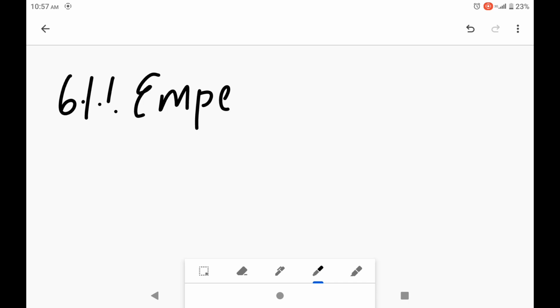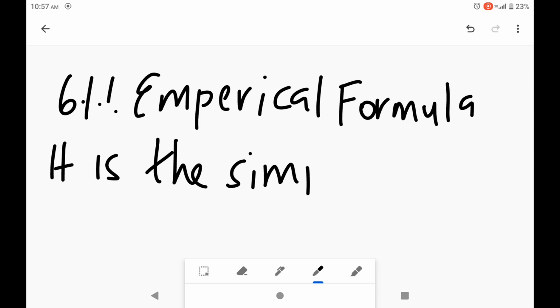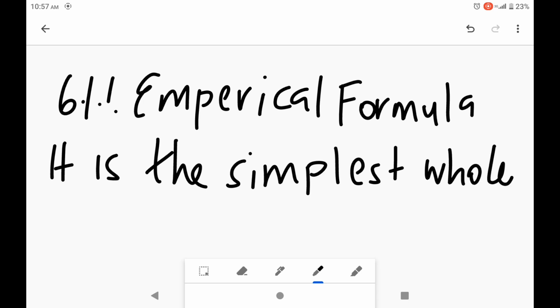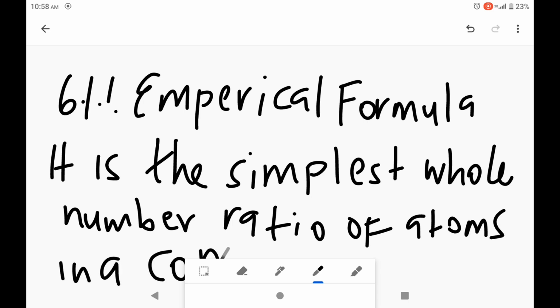Empirical formula is the simplest whole number ratio of atoms in a compound.